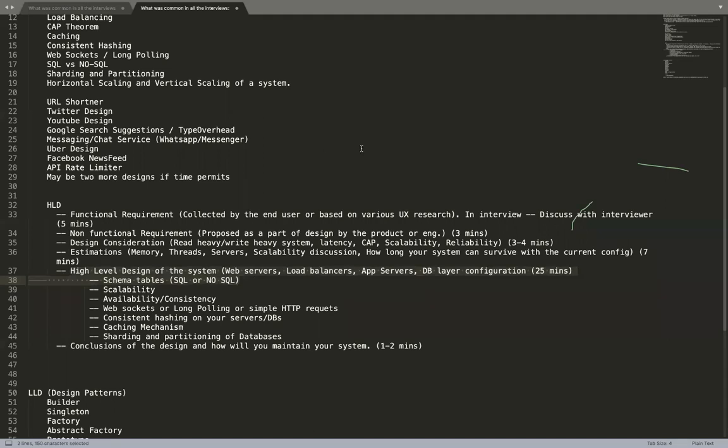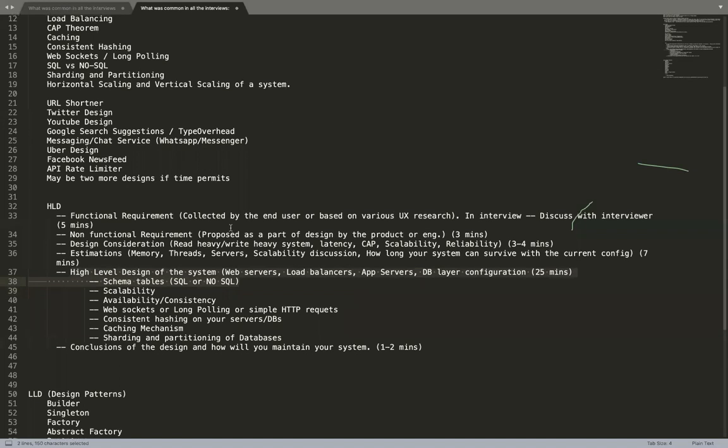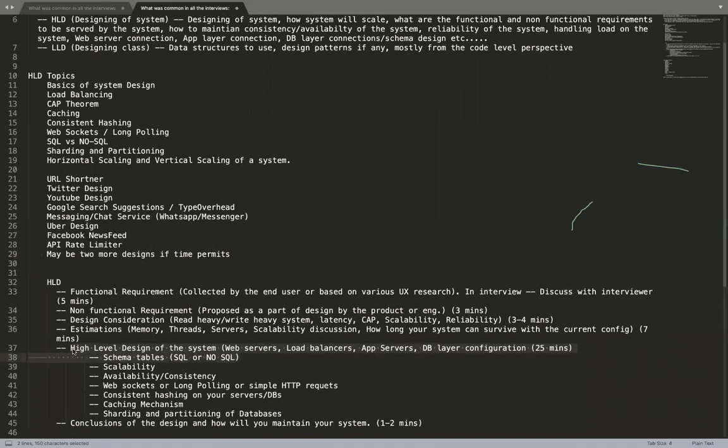Is that clear? Sorry, I didn't understand your question completely. So I was asking where, in what step, we will decide storage and network bandwidth kind of things. This will be a part of high-level design. So there will be some estimations. During the estimations, we will discuss threads, memory, servers, all those things.